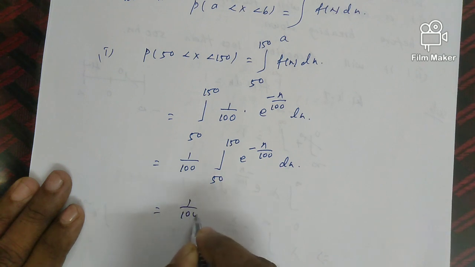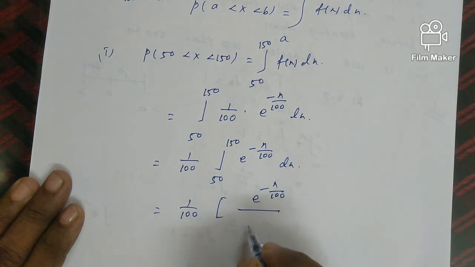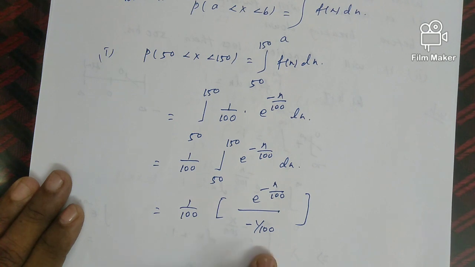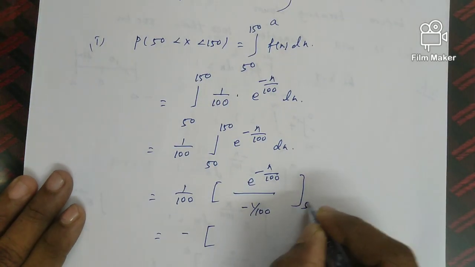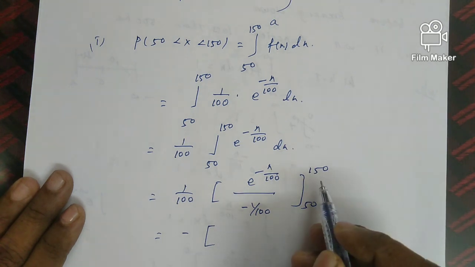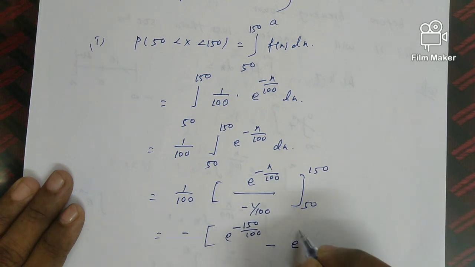So 1 by 100 into e power minus x by 100 divided by minus 1 by 100. This 1 by 100 will come into the numerator, so the 100 and this 100 will cancel off, and we can take the minus outside of the bracket, with the limit 50 to 150. Applying the limit for x, we get e power minus 150 by 100 for the upper limit minus e power minus 50 by 100 for the lower limit.